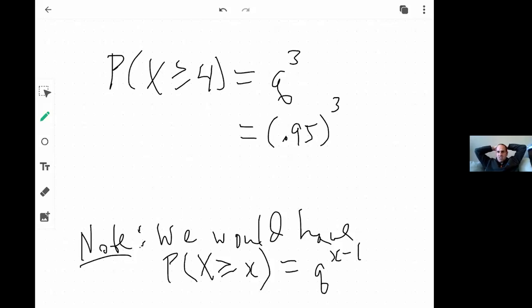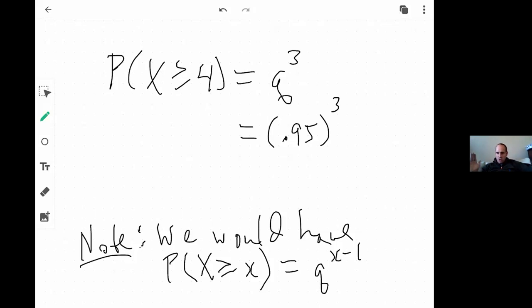Well, what that means is that the first 3 students I contact aren't within 5 miles of me. Okay, and that happens independently. So what's the probability that the first person isn't within 5 miles? 0.95. What about the second? 0.95. Third, 0.95. And at that moment, I have guaranteed that I'm going to have to contact at least 4 students.